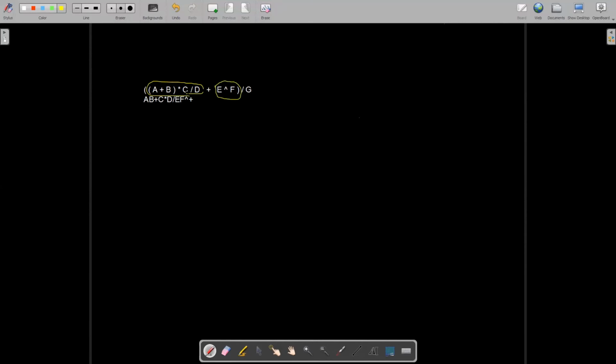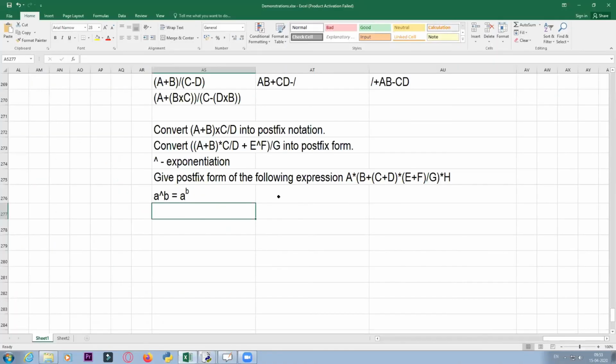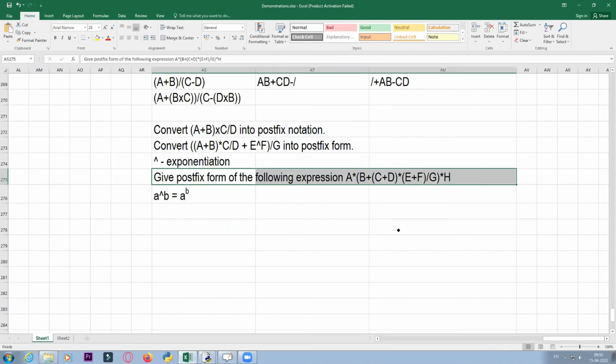So that is why you will be writing addition over here. And once this is done, you are only left with divided by G. So G and division. We are going to solve these two expressions. You can take this one as homework. The selected one, please take it as homework. You can do it later on.